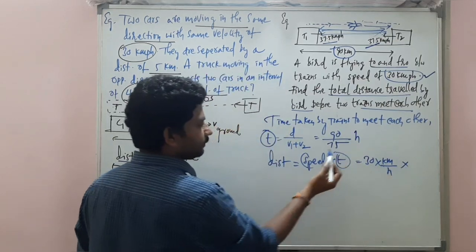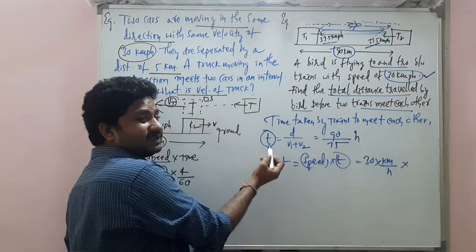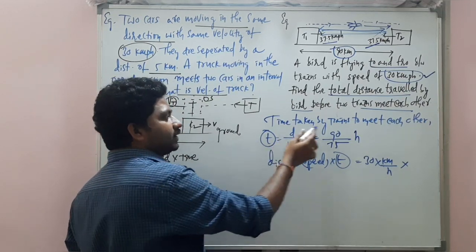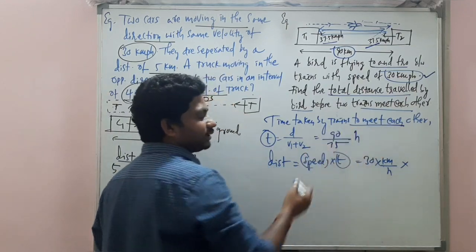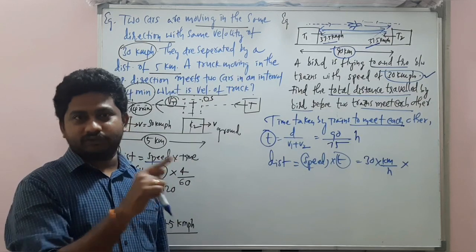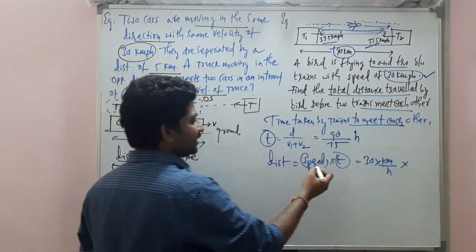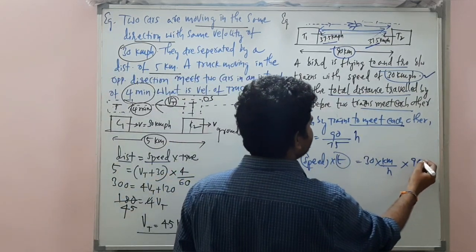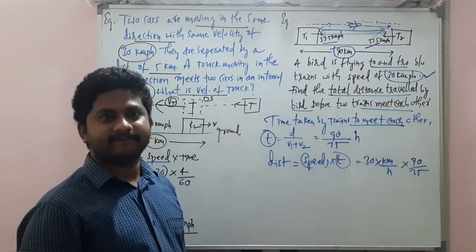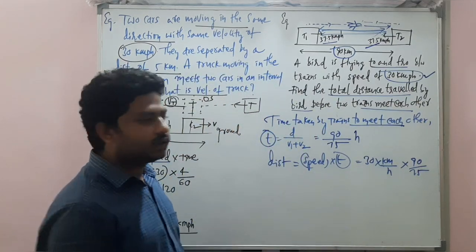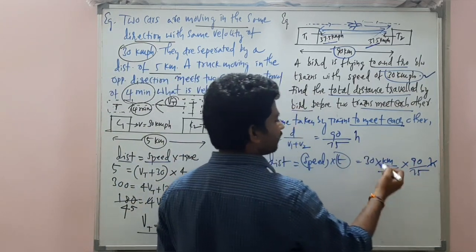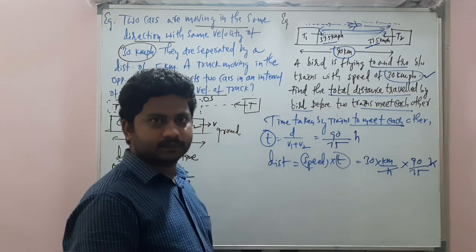What is this time? Is this the time which is just found? So what is the time? Time taken by the two trains to meet each other. The same time only the bird will fly to and fro, right? So this is the time which is 90 by 75. Okay, clear? So what is this 90 by 75? It's hours. So hour cancels here, right?